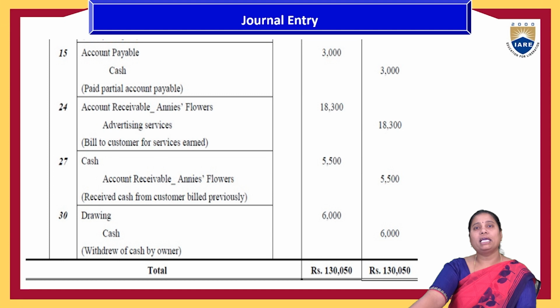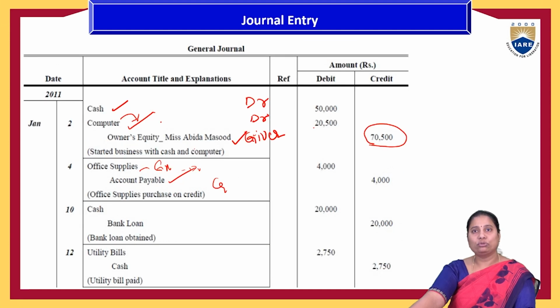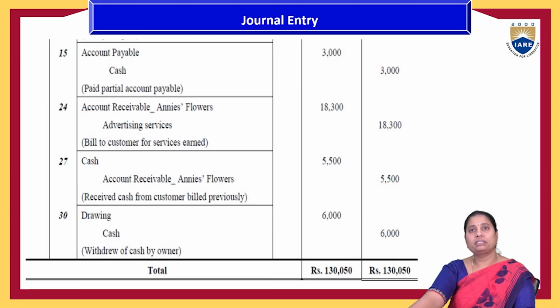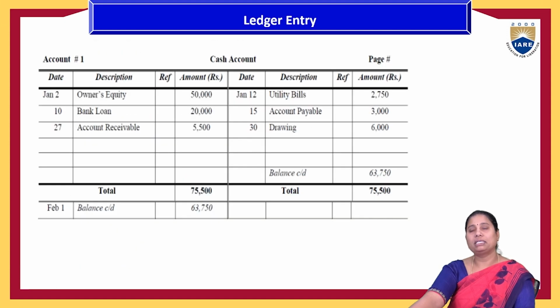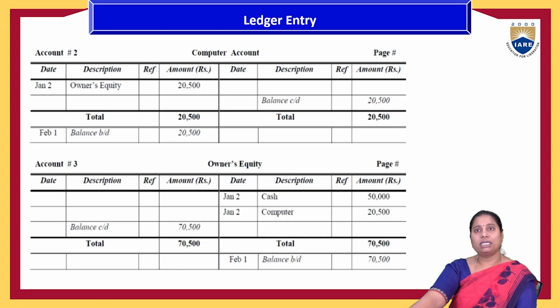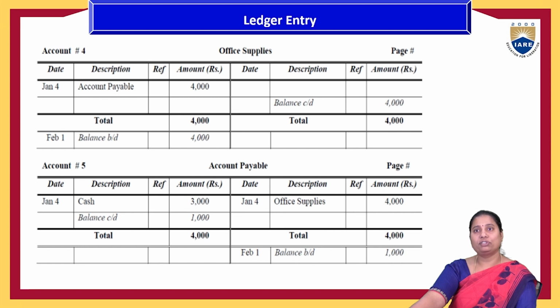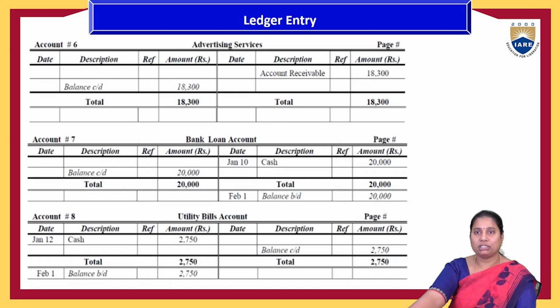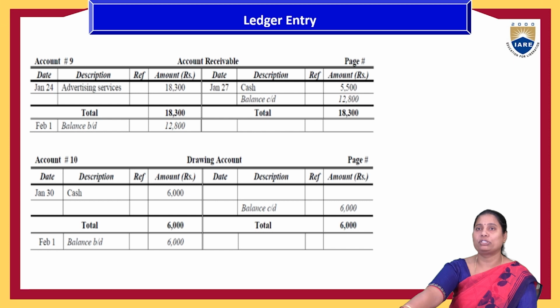And for each and every account, like cash account, computer, office supplies, bank loans, utility bills, etc., we prepare each account separately. Then it is called a ledger entry. So cash account ledger entry, computer account ledger entry, office supplies, account payables, advertisements, banks, utility, account receivables, drawings.